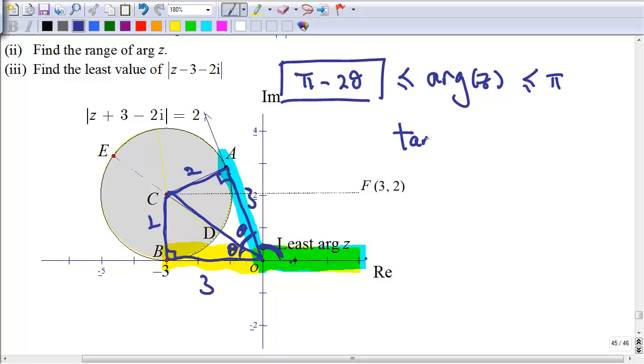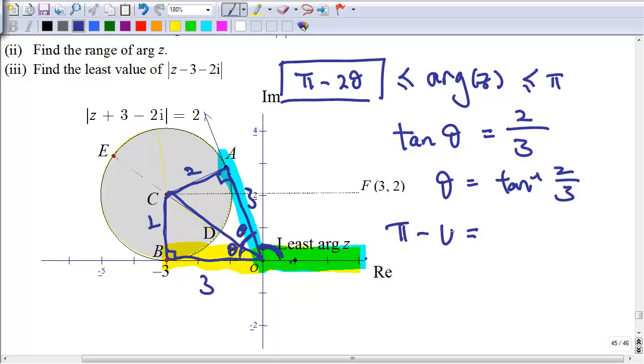If you take tangent theta, you will always have opposite over adjacent, and this will give you tangent inverse 2 over 3. Then you can press your GC to give you this number. In particular, I'm interested to find out what pi minus 2 theta is, and it turns out to be 1.97. So this number here is 1.97.